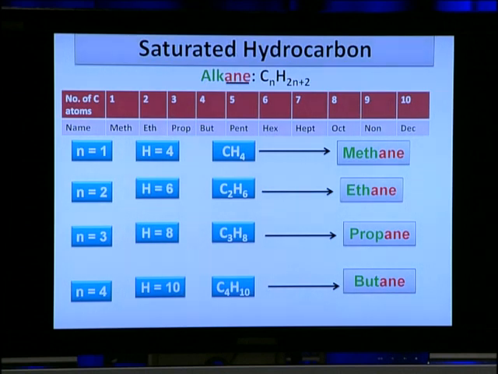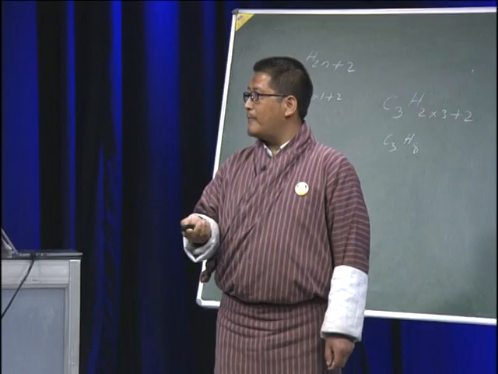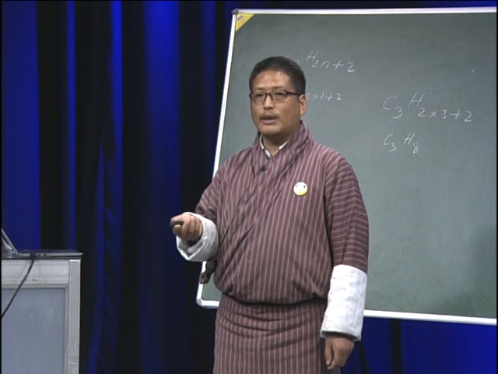So 4 carbon atoms represent but, and then we add ane, it becomes butane. So this is how we name the alkanes, following CnH2n+2 as a general formula, and based on the number of carbon atoms.